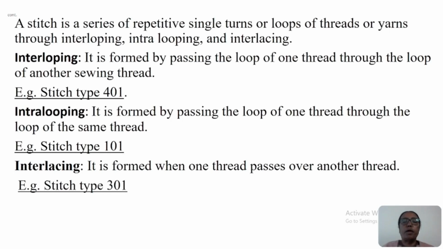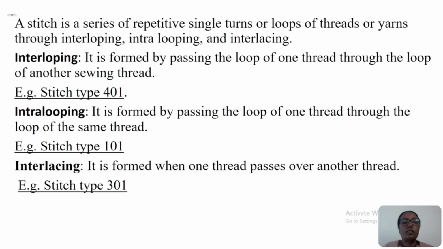It is formed by passing the loop of one thread through the loop of another thread, or another sewing thread. A good example of this interlooping is stitch type 401.